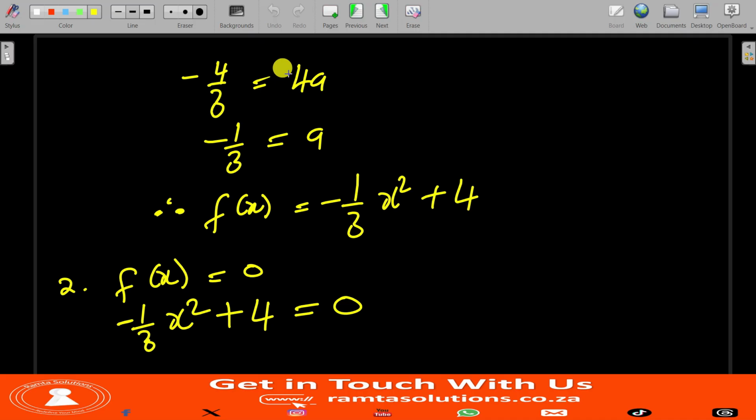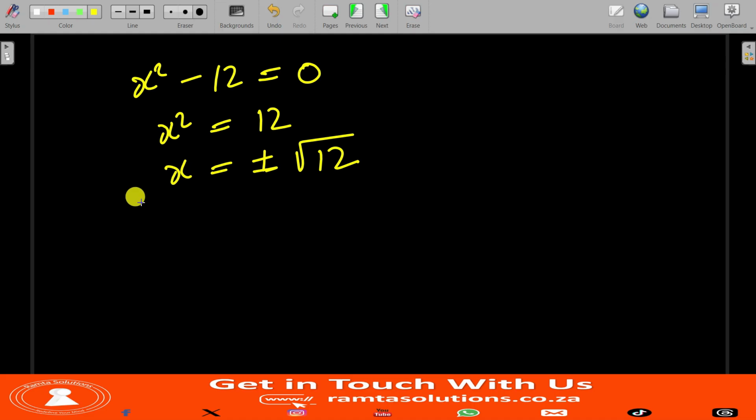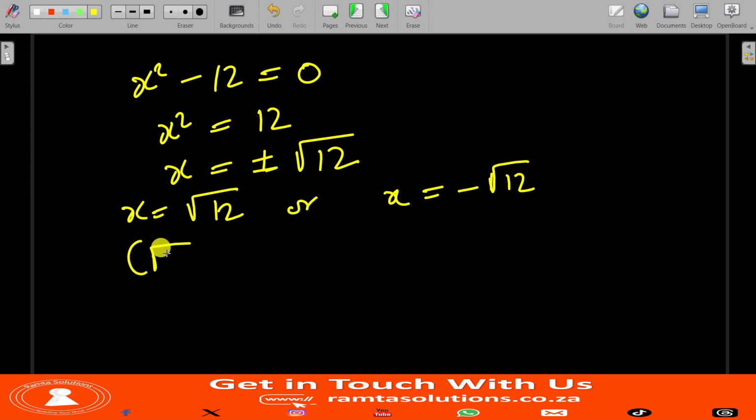Perhaps we can say x squared equals positive 12. Then we know x equals plus or minus square root of 12. Therefore, x equals positive square root of 12 or x equals negative square root of 12. Now your x-intercepts are square root of 12 and 0, and negative square root of 12 and 0.